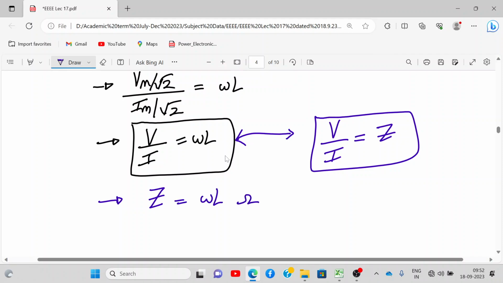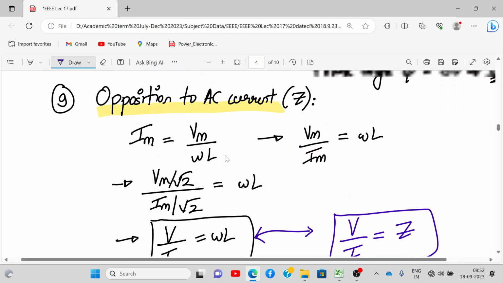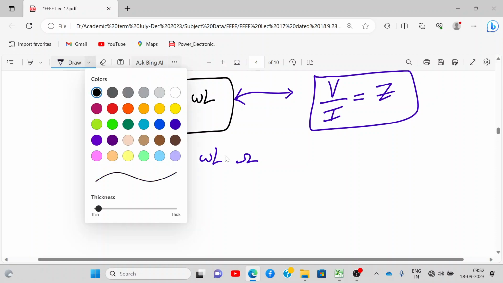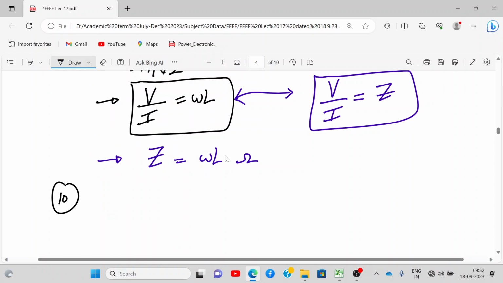Impedance, right? Z is equal to omega L. So that means opposition offered by inductance to the AC current is omega L. And omega L is called, anyone knows what omega L is called? Yes, inductive reactance.